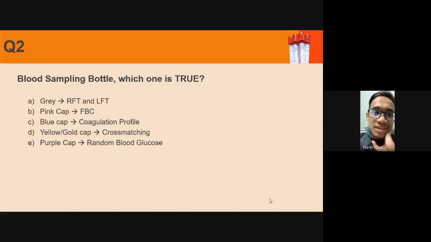BC purple. Okay, and then cross matching. Pink. Cross match pink, right? Cross matching pink. Okay, and then random, grey. Okay. FBP, if full blood picture, use what? Purple.